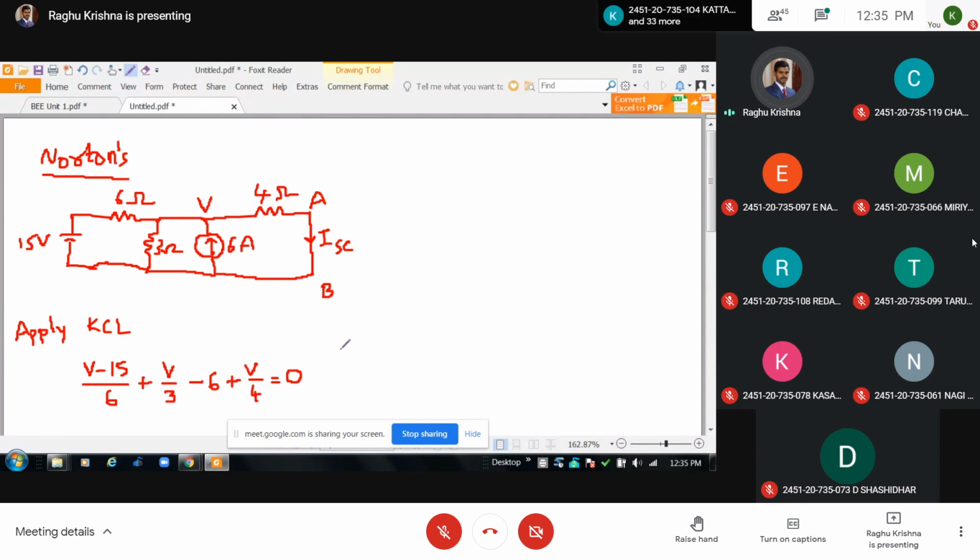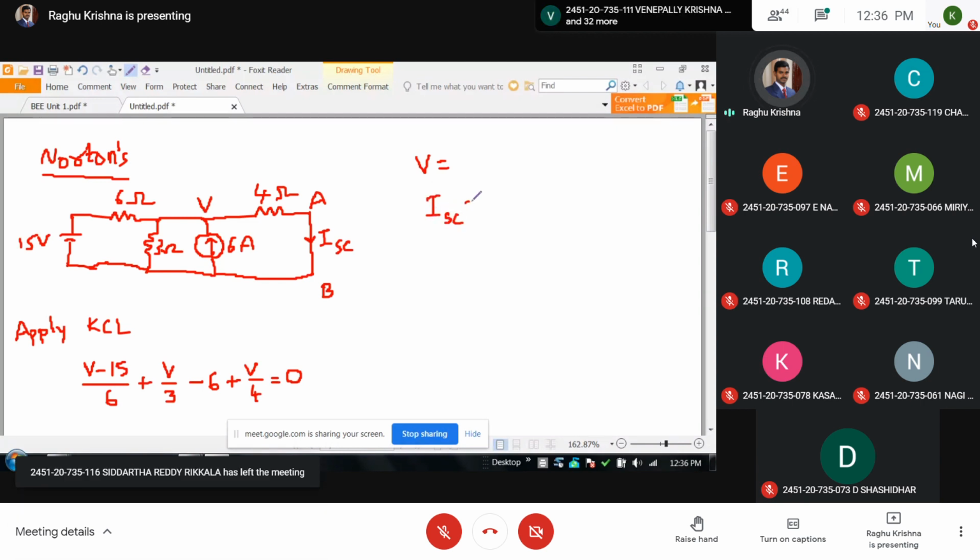Solve the equation and get the value of V. So once you get the value of V, after getting the value of V, I can find the ISC. ISC will be equal to V by 4.